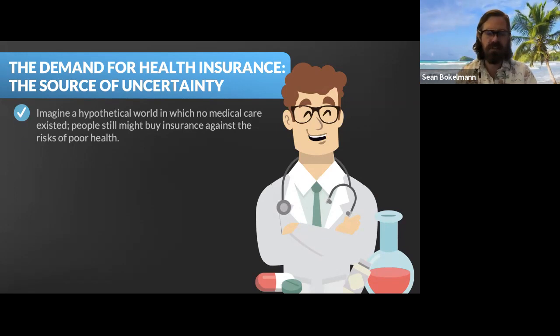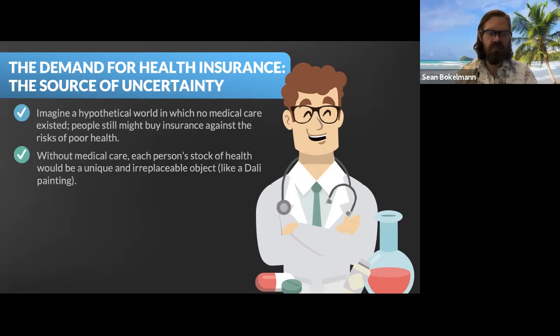Now, how would that work exactly, right? Well, we can imagine in a world without medical care that each person's stock of health is in a lot of ways like a unique and irreplaceable object, something that's invaluable, right? Maybe like a Dali painting or a Picasso painting.